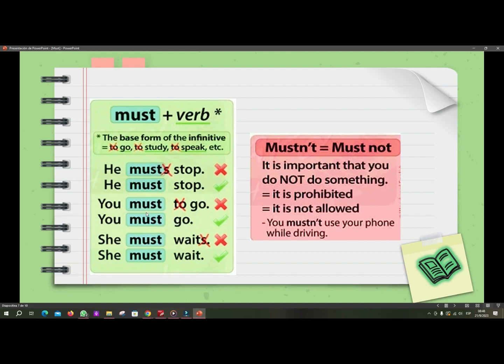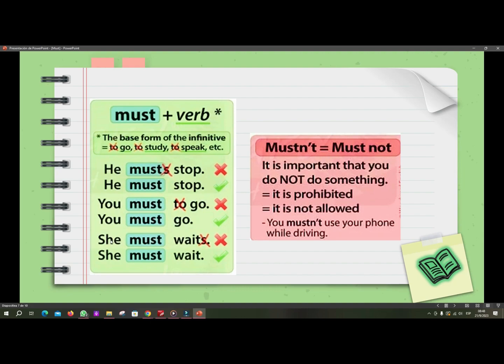"You must go to go," right? That is not correct. You don't need to use "to" here. You must go. She must wait. You don't need to use the s, or change the y to ies, even if you're using here the third person singular.